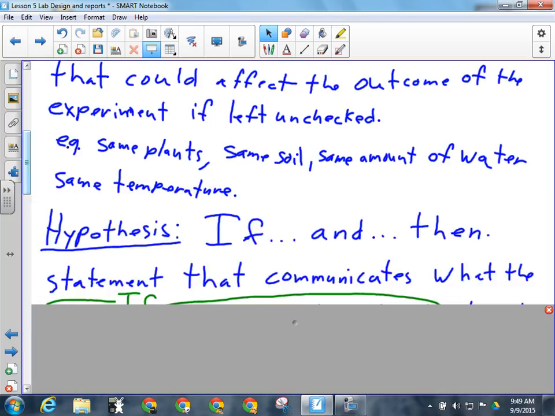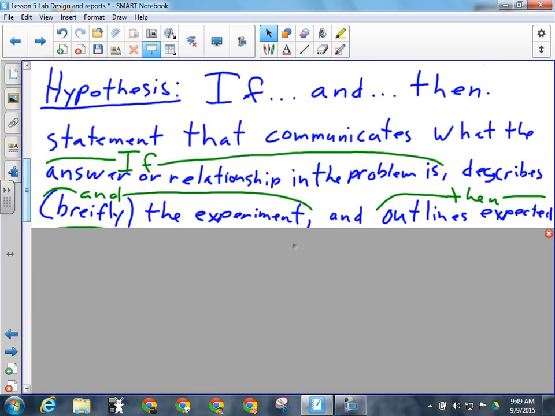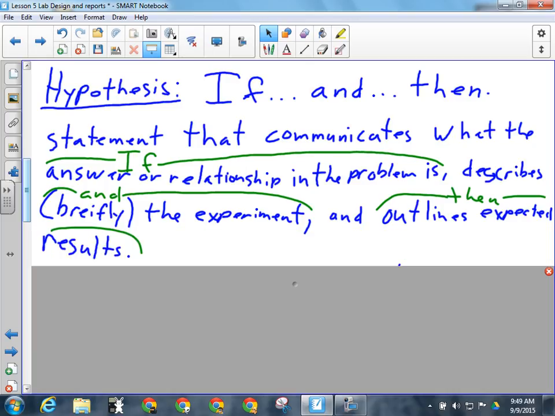It's a statement that communicates the answer or relationship in the problem, describes briefly the experiment, and outlines the expected findings. And you can see there that this is the if part, this is the and part, this is the then part.